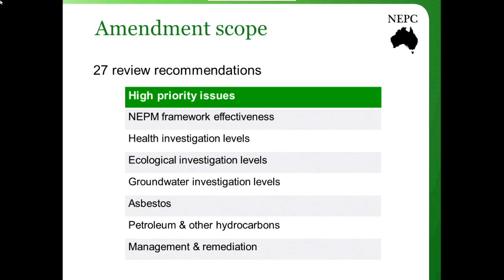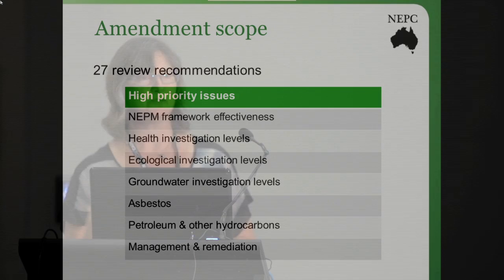So the framework effectiveness, and that comes back to the measure itself, the overlying principles, and also how the elements of the guidance are used, so how the investigation levels were applied in practice.